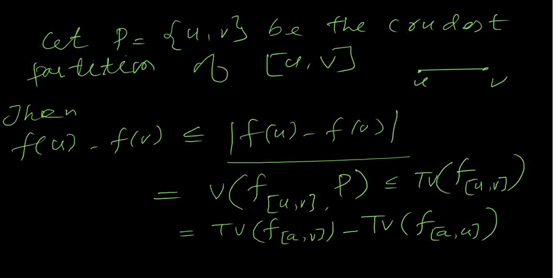Okay, so this implies, I will transfer this TV av on the left hand side, and I will transfer f, which is on the left hand side, to the right hand side. And here we have the less or equal to sign.